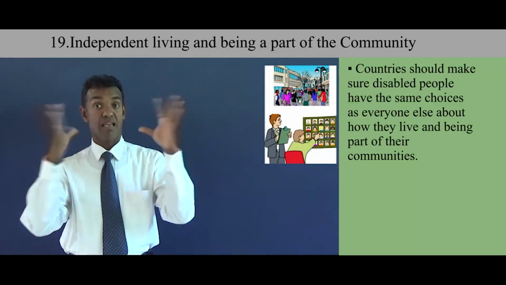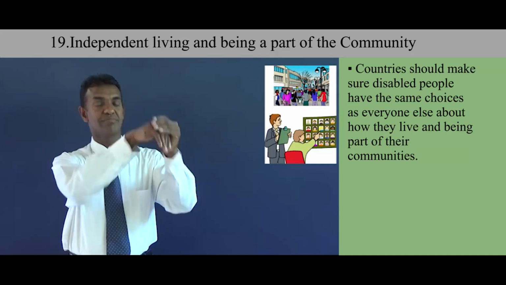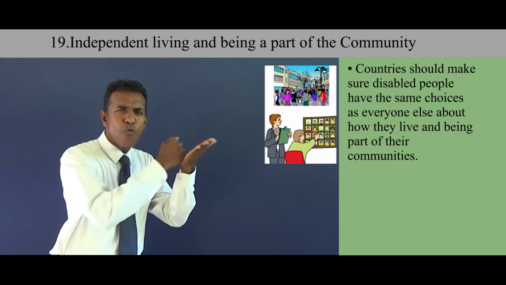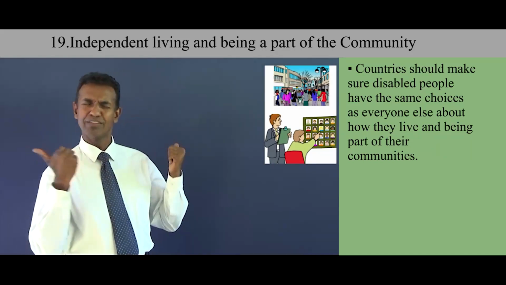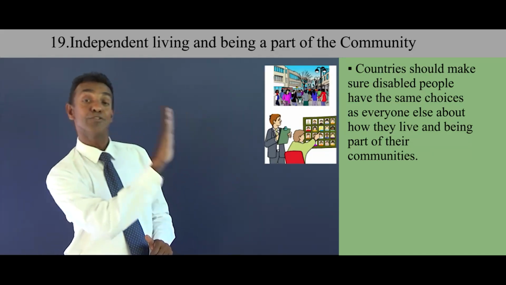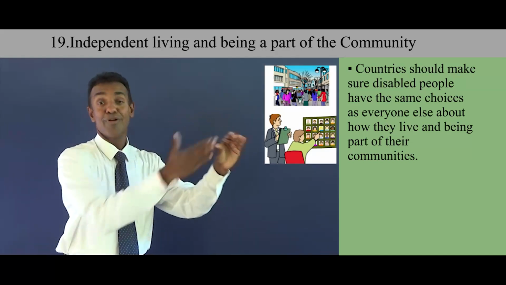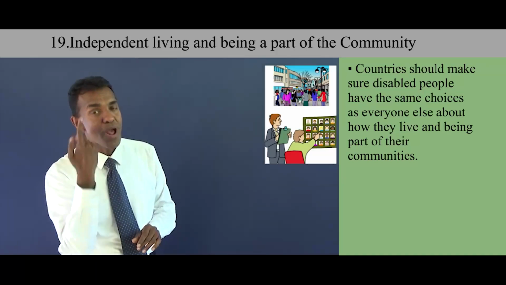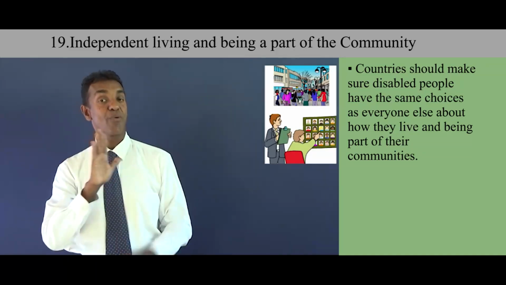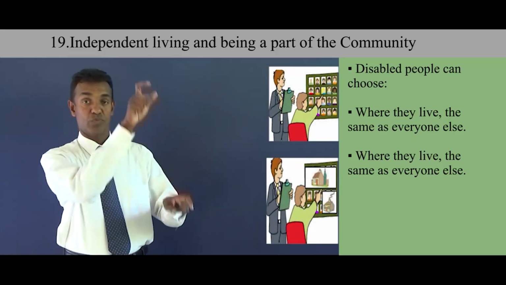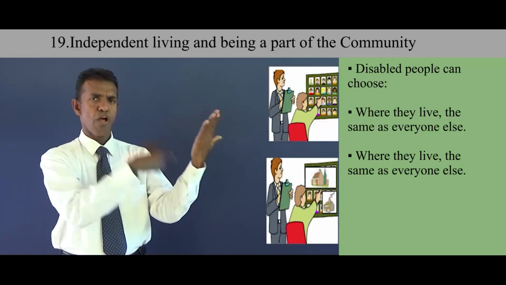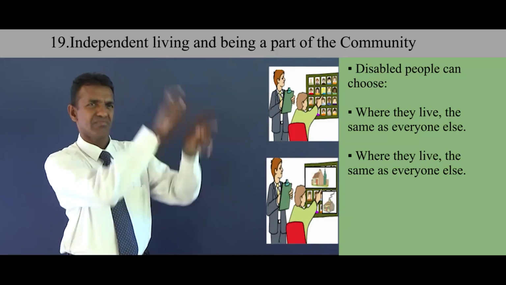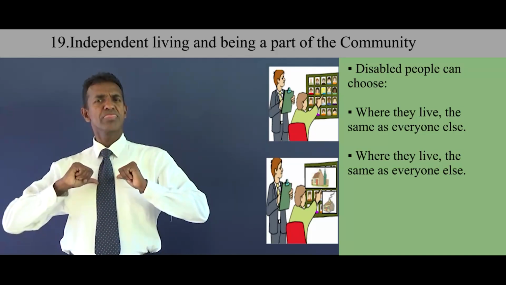Independent living and being a part of the community. Countries should make sure disabled people have the same choices as everyone else about how they live and being part of their communities. Disabled people can choose where they live the same as everyone else, and not to live in a particular place like a hostel if they don't want to.